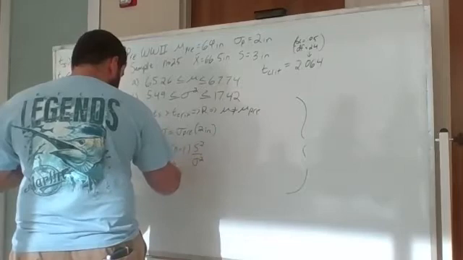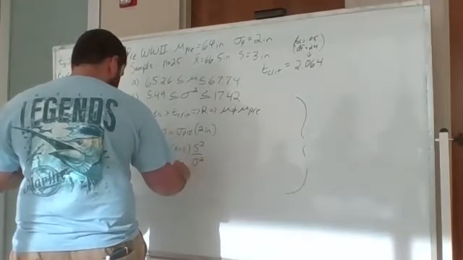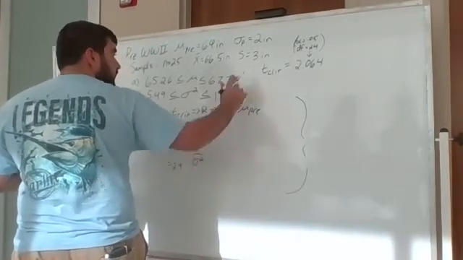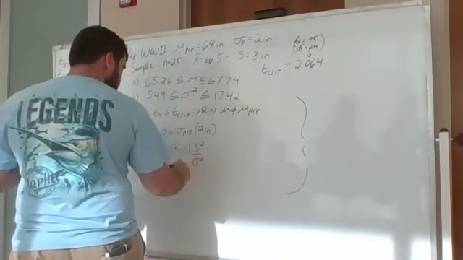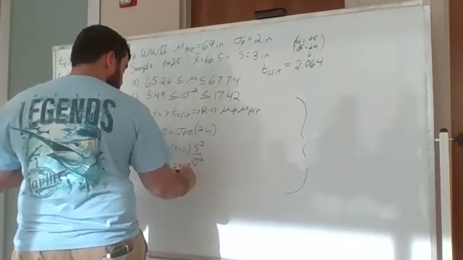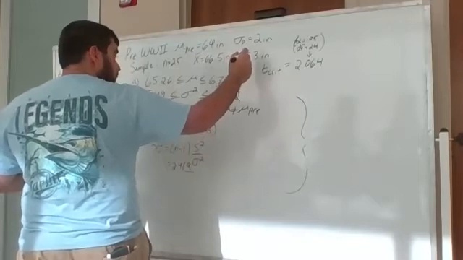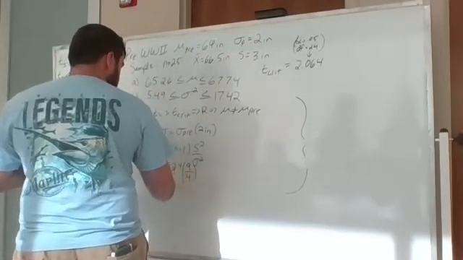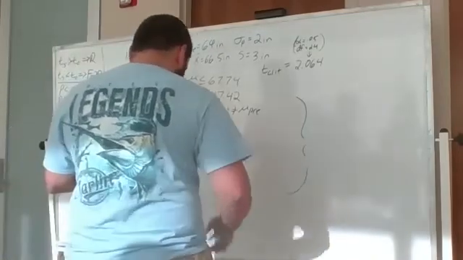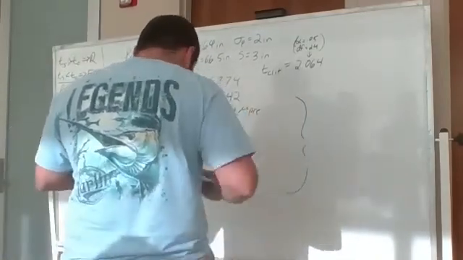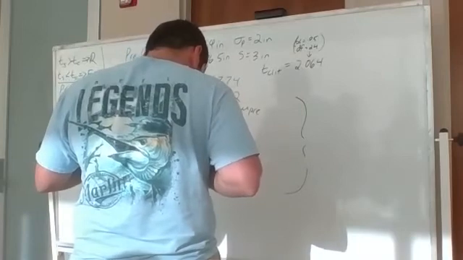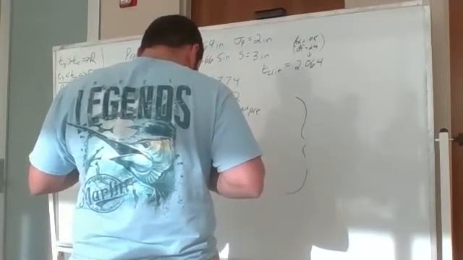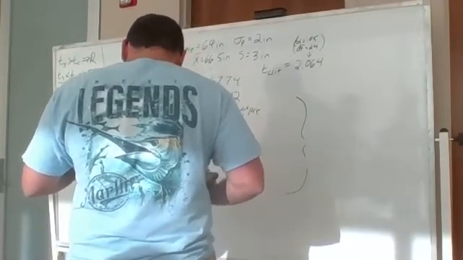So we have 24 times 9 over 4. That is equal to 54.